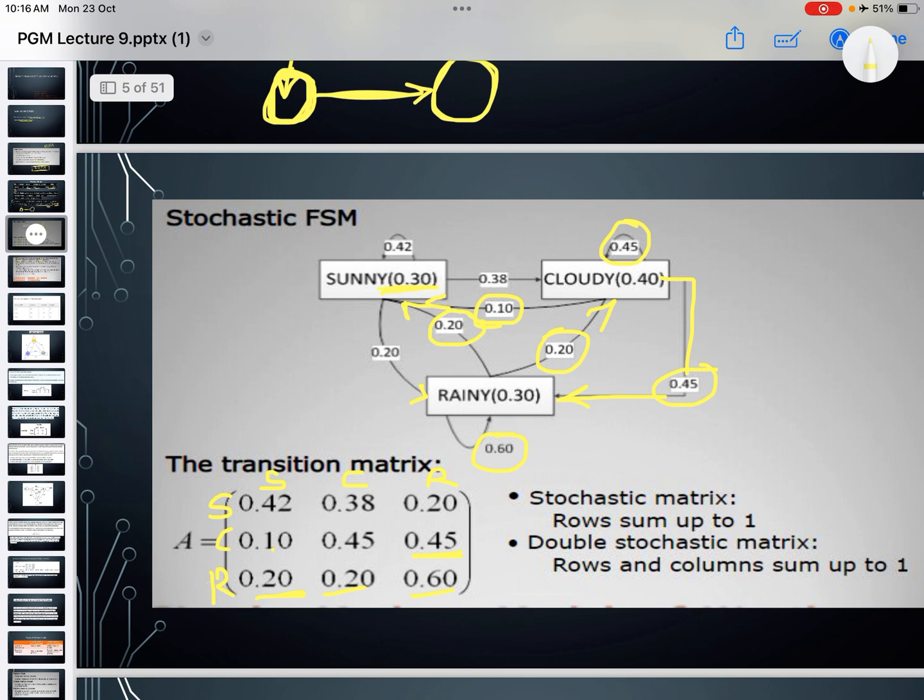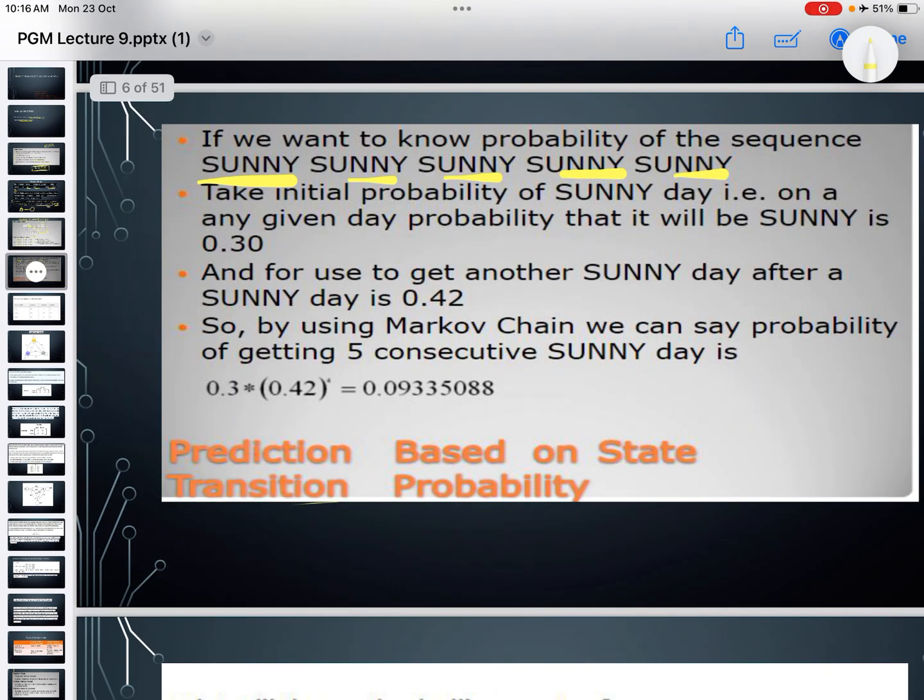The probability that today is sunny is 0.30. The probability that it will be sunny tomorrow is the self loop on sunny to sunny, that is 0.42. So the probability that it is sunny today is 0.30, and to get another sunny day after that is 0.42.